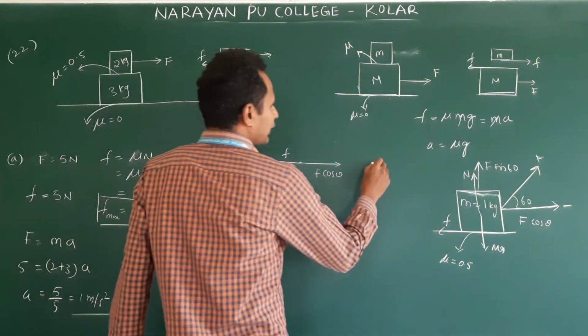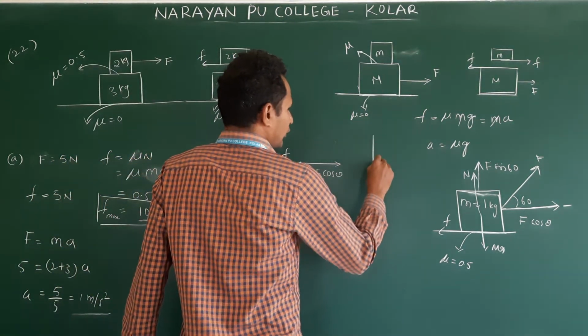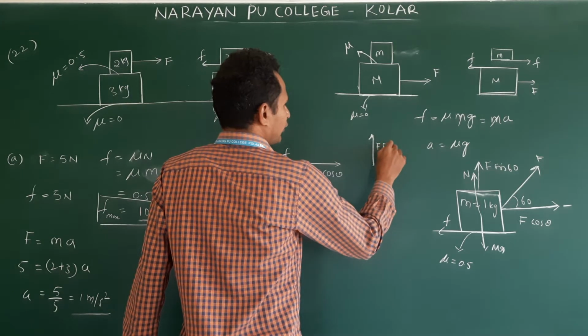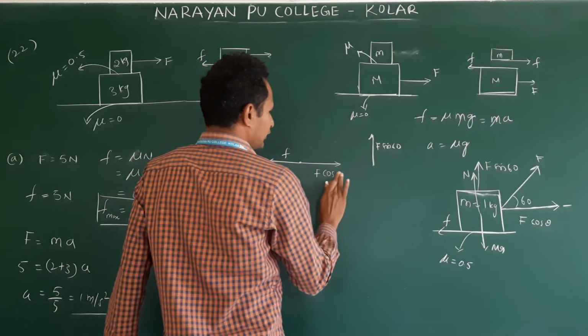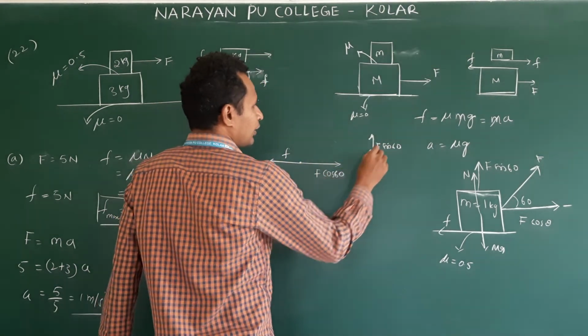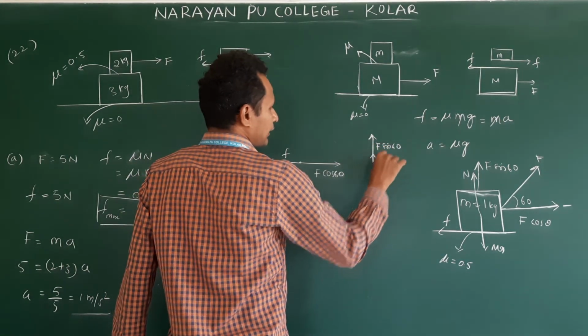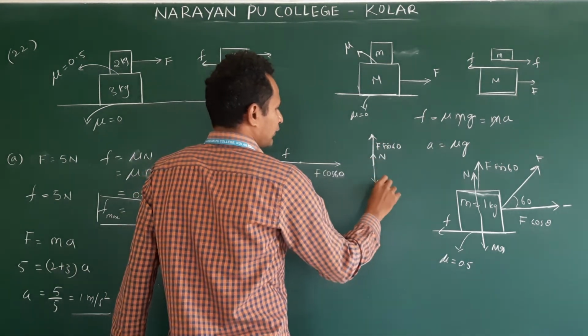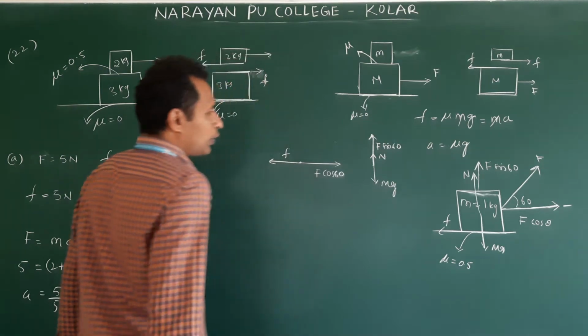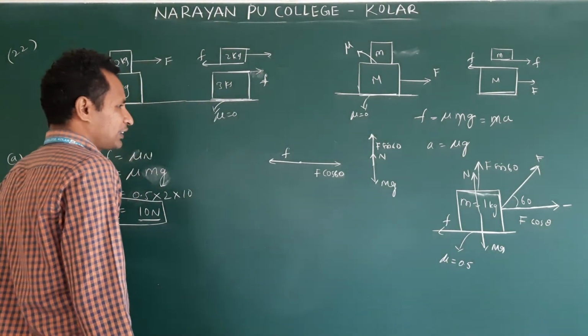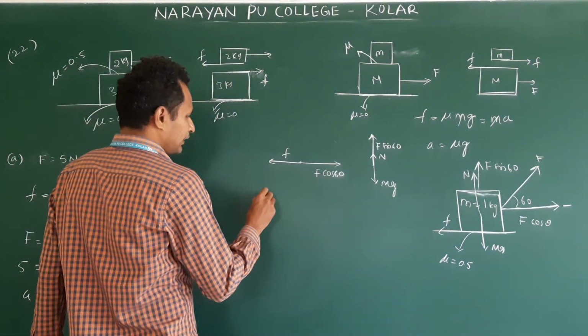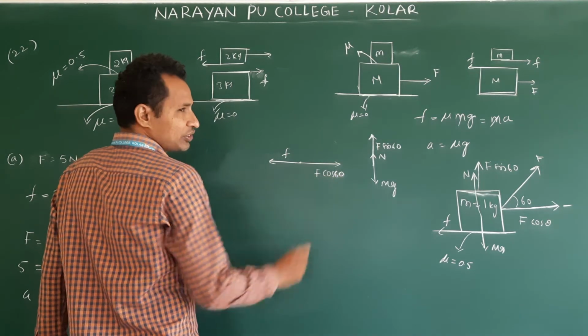Right? Along the vertical, F sin 60 and normal reaction also act upwards, and mg acts downwards. What are they asking in this question? F. So here I can write cos 60, they mentioned, right?